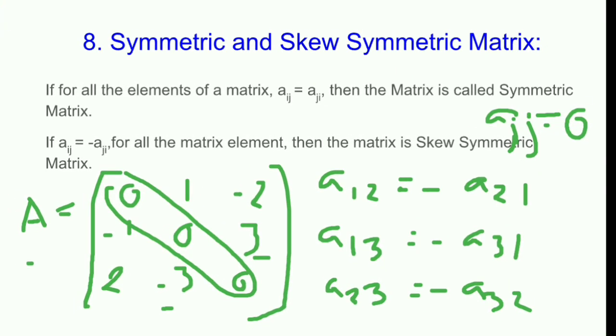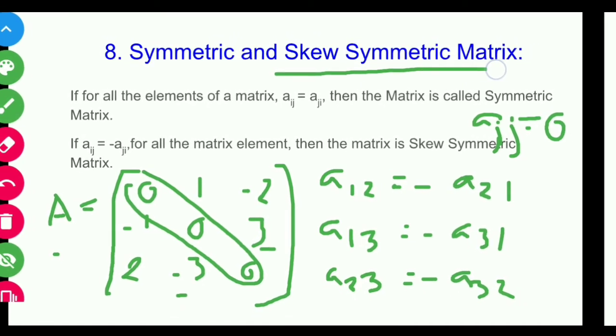Then this matrix is called a skew-symmetric matrix.